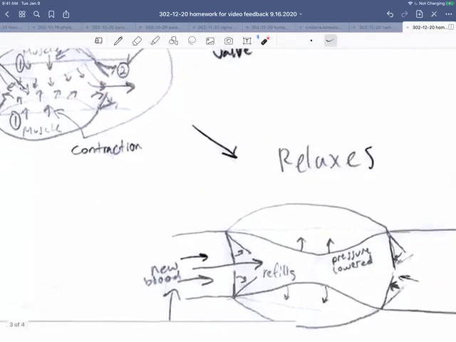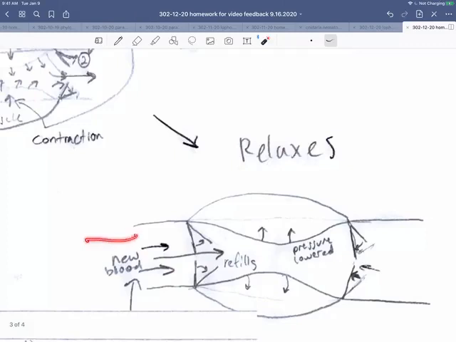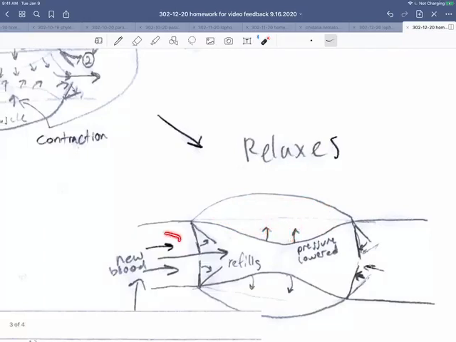To refill, you either need blood coming in under pressure, that's what your heart does, or in some cases there is elastic recoil. So if there are fibers here or there that can have elastic recoil, then when the muscle relaxes, it goes back to its original shape. Or new blood or hemolymph coming in under pressure will open these valves.